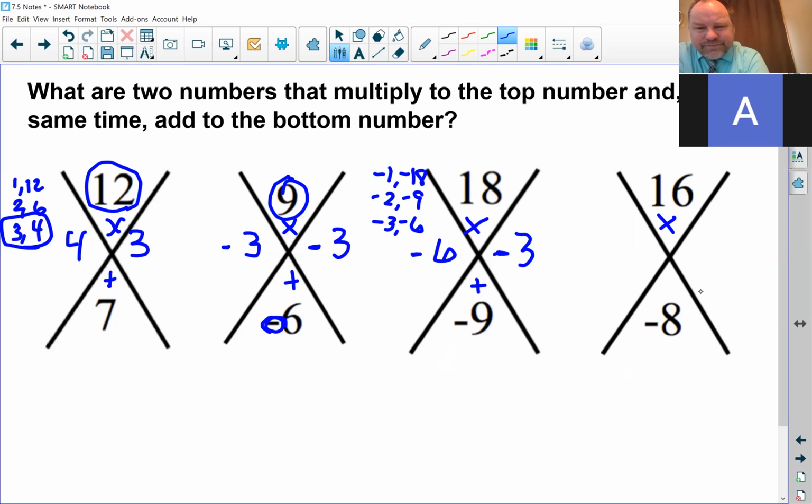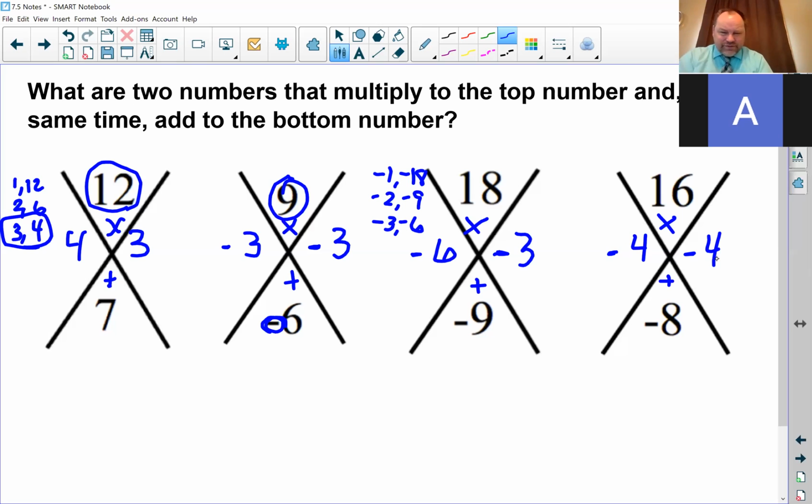Multiply to 16, add to -8. Excellent. -4 and -4. Perfect.